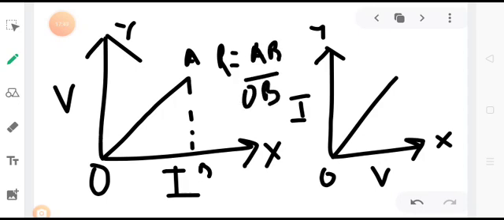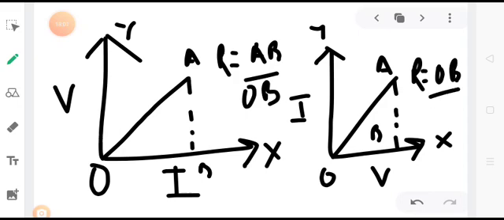So this will be the resistance. In the second graph, again, we will drop a perpendicular, and in this case resistance will be OB by AB.